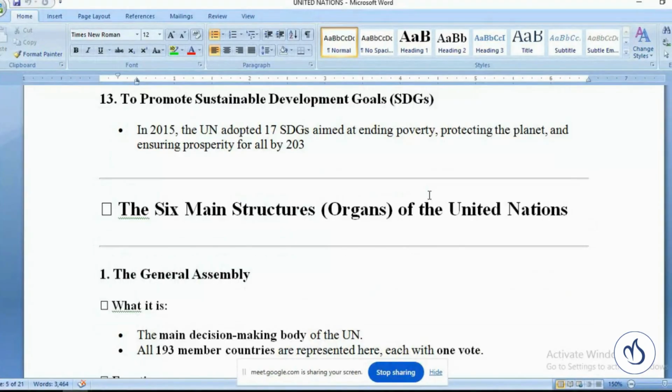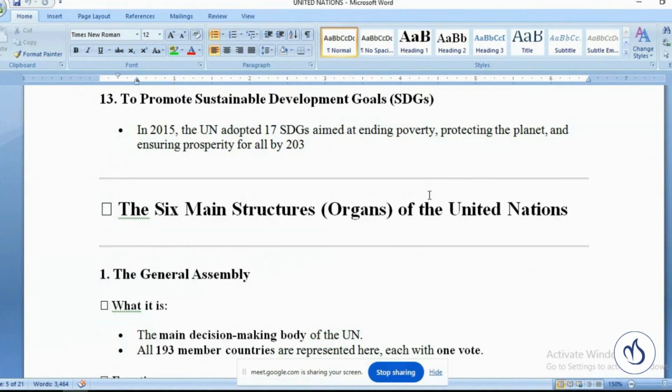Another one, the UN promotes sustainable development goals, SDGs. In 2015, the UN adopted 17 SDGs aimed at ending poverty, protecting the planet, and ensuring prosperity for all. Now, our countries normally have goals. The UN will always come in to help.